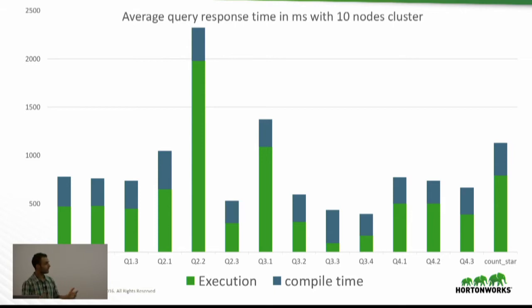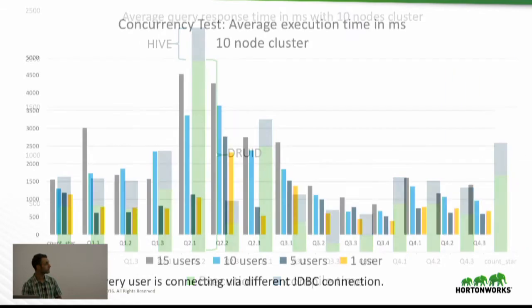For some of the queries, it is sort of silly, because in 3.3 it actually took more time to compile the query than to get the result from Druid. But 300 milliseconds is still acceptable. So that's Hive, that's Druid.